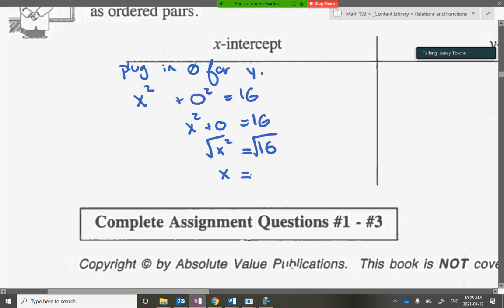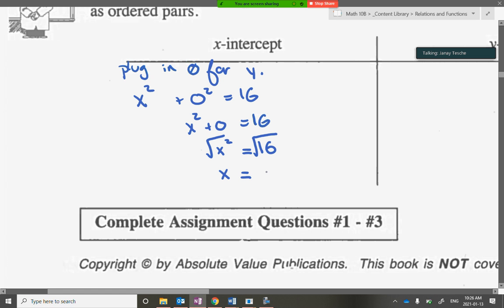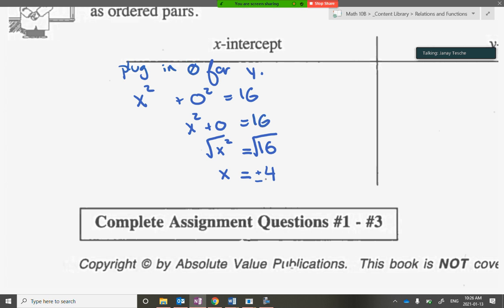So remember back in grade 8 when you first learned about square roots, it's always actually the positive and negative, right? So the square root of 16, often we just say is 4, but it's actually positive 4 and negative 4. Because positive 4 times positive 4 gives us 16, but negative 4 times negative 4 also gives you 16.